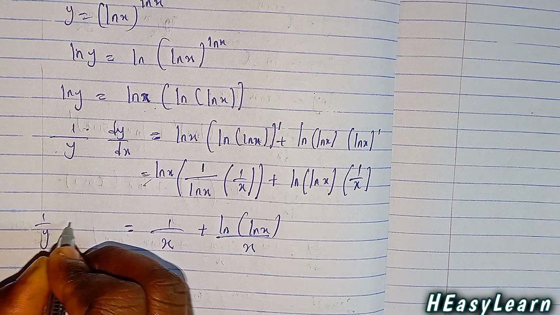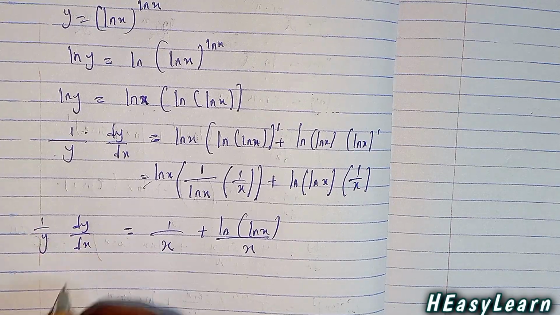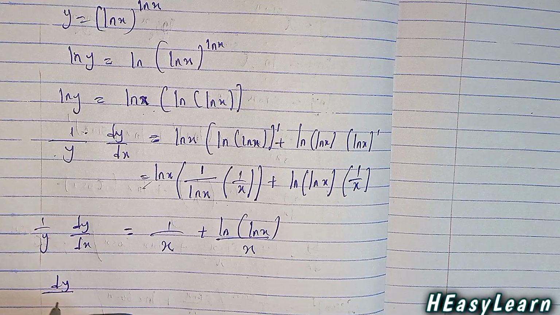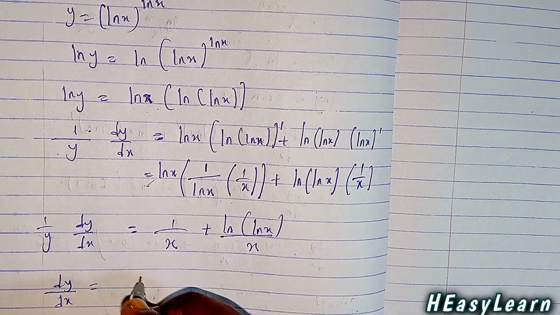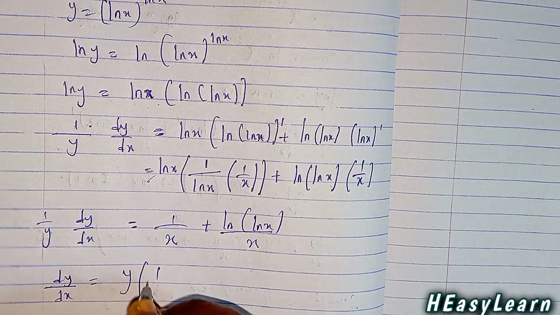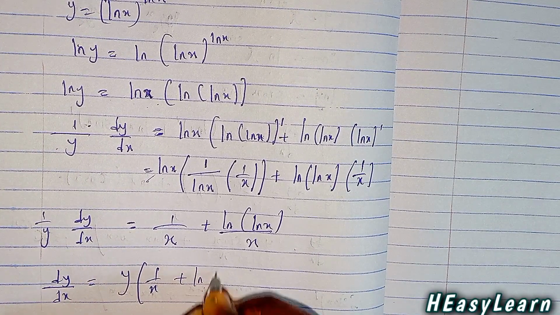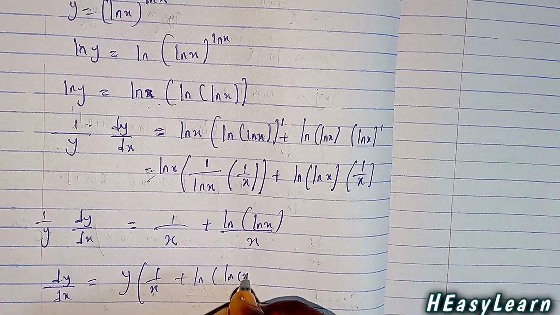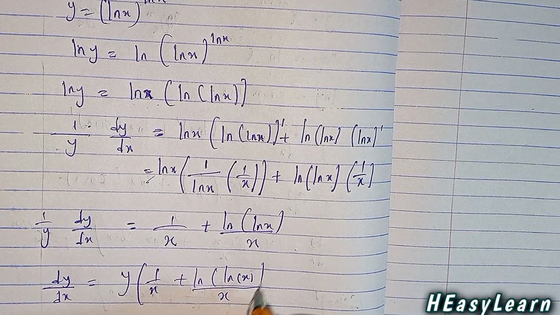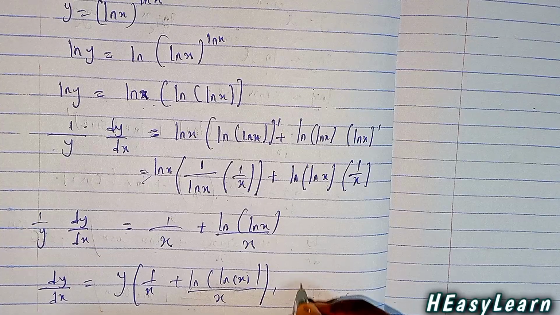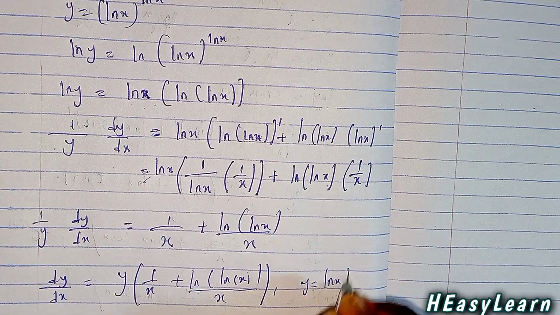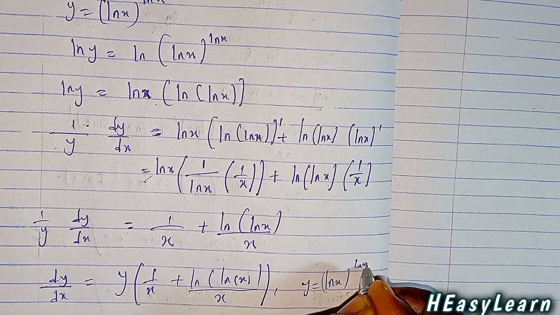So from this case, make dy dx the subject by multiplying through with y. This is equal to y times 1 over x plus ln x divided by x. What is y from above? y is ln x to the power of ln x.